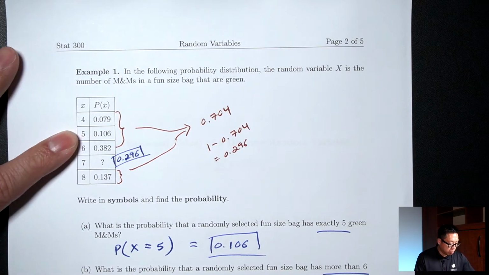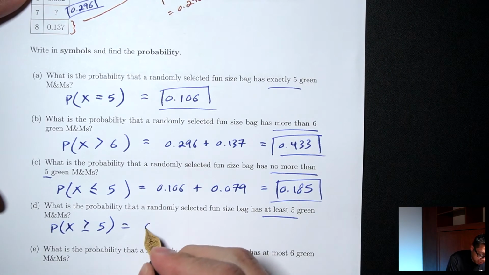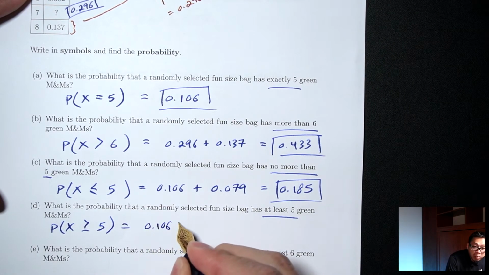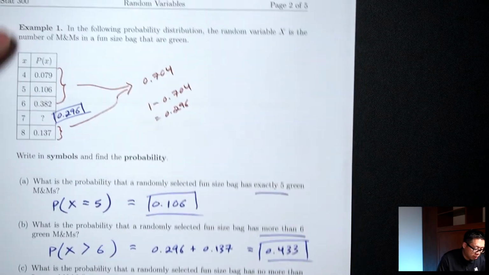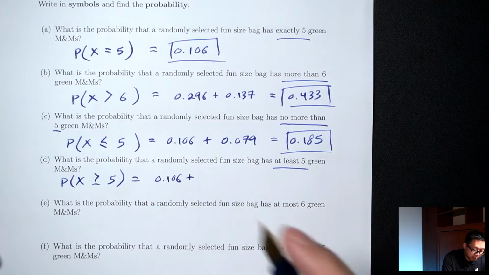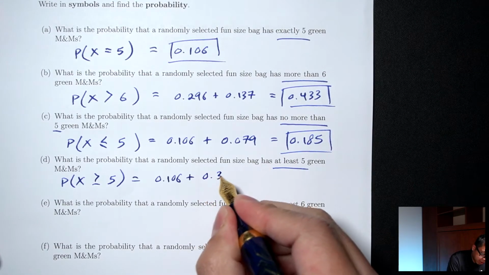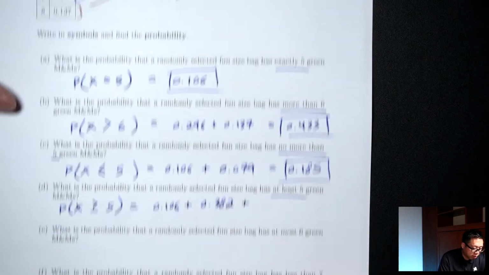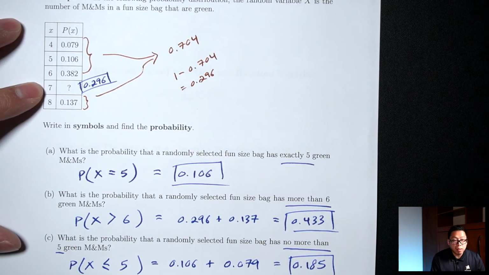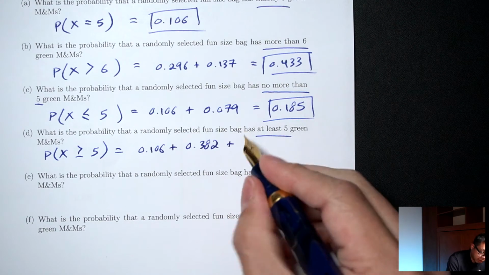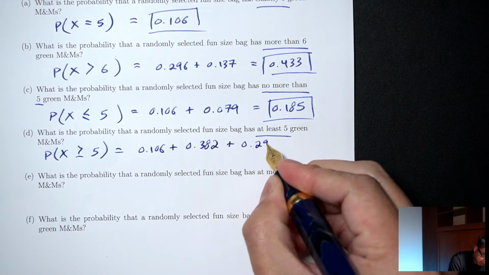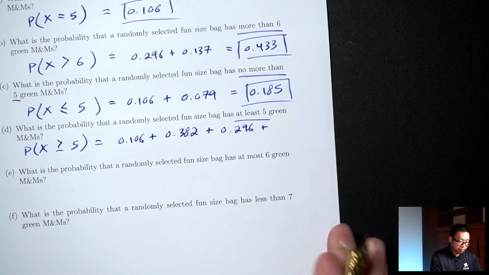So we're going to do 0.106 plus 0.382 plus 0.296 plus 0.137.